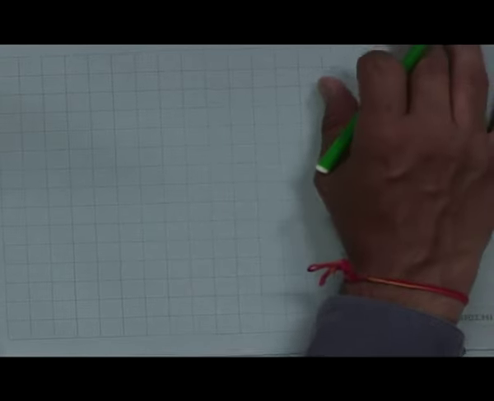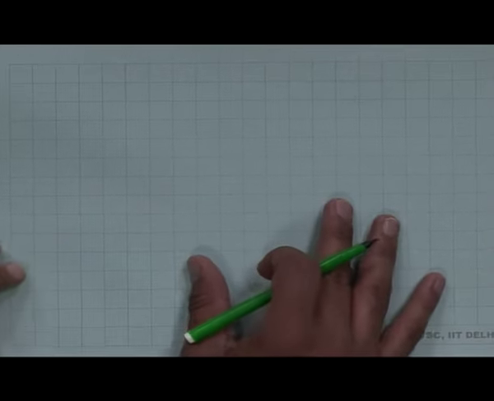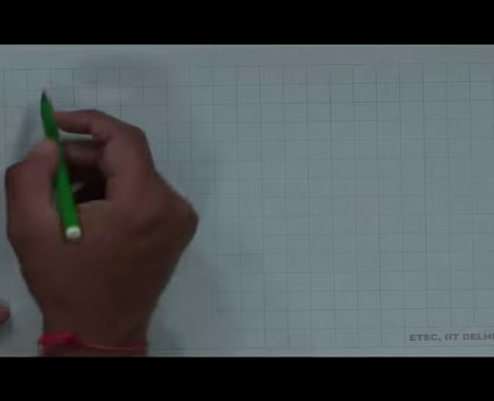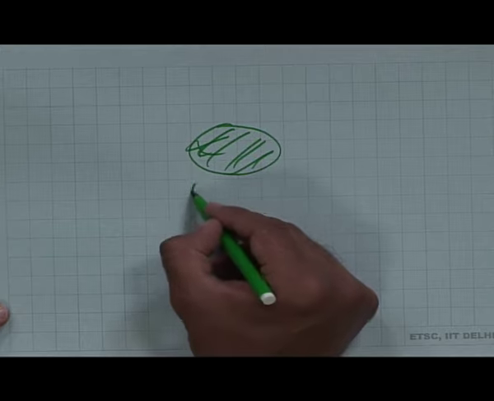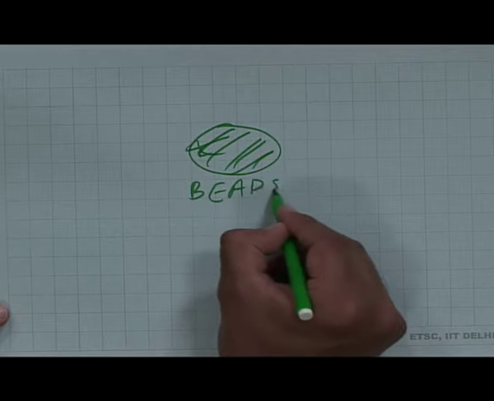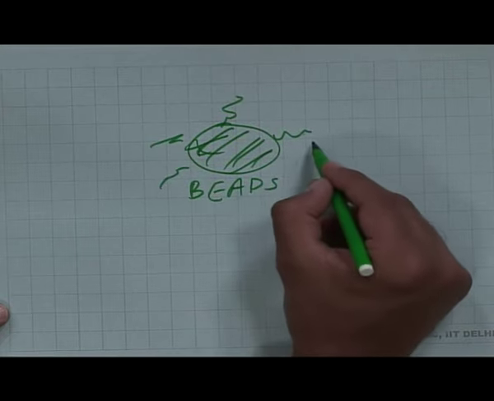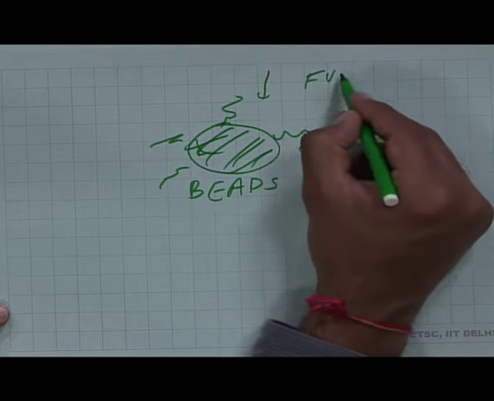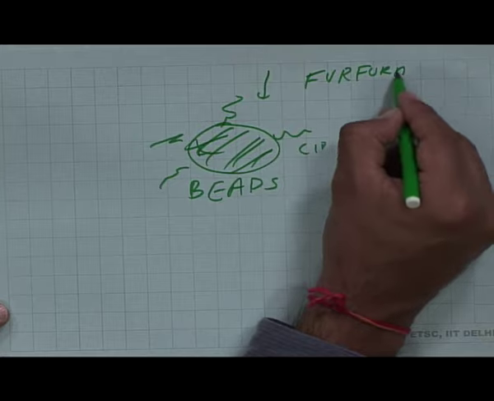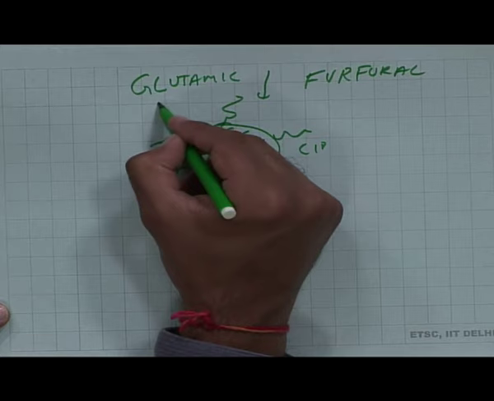So, what can we do is the following. We have beads, we have carbon chains, C18. We add furfural here, we add glutamic acid here.